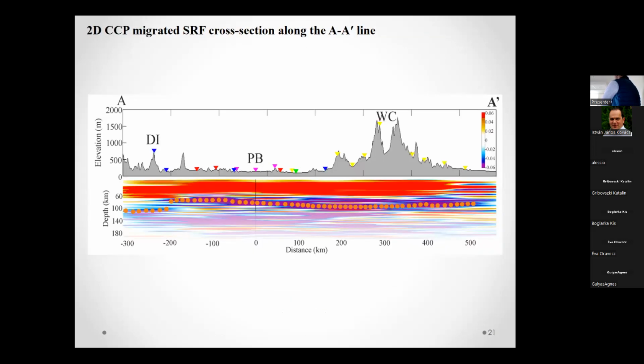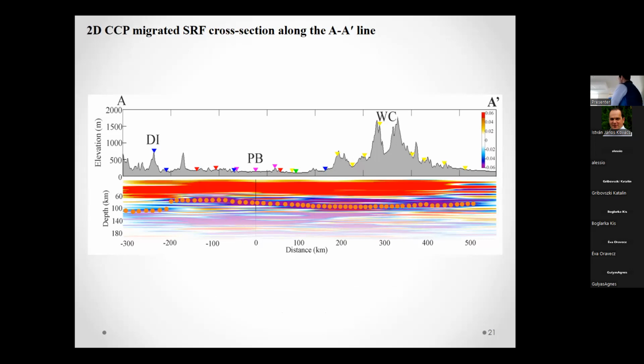In the second case, we applied the 2D common conversion point migration of the S receiver function. This is the pre-stack migration. So in this case, we don't use stacking of the receiver function, because in 1D migration, we use only the stack of the quality controlled receiver functions.